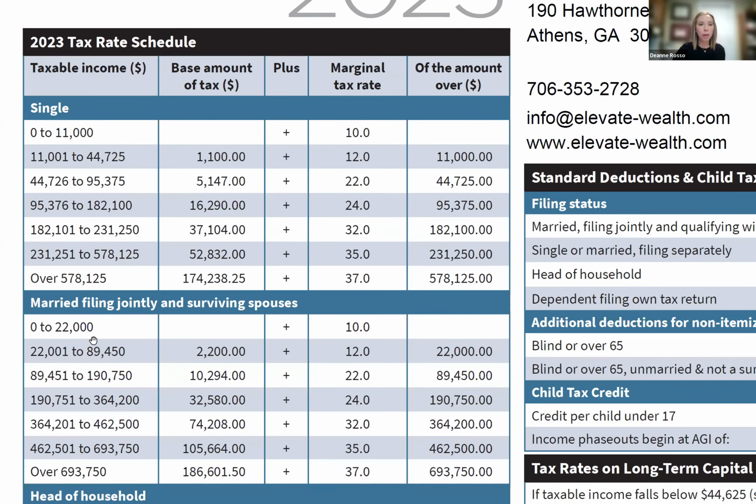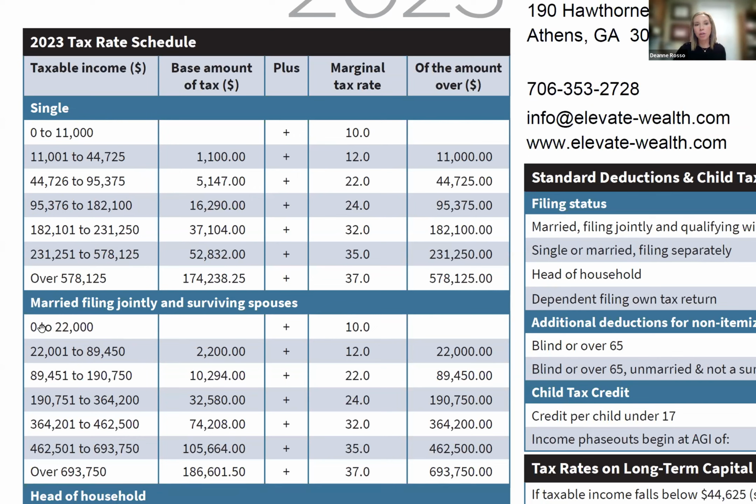For married filing jointly, we're looking at an increase to $22,000 in our 10% bracket and up to $89,450 in our 12%. That again is up from about $83,000 last year. So it's somewhere between a 6 and 7% increase in the income that you can take at those levels.